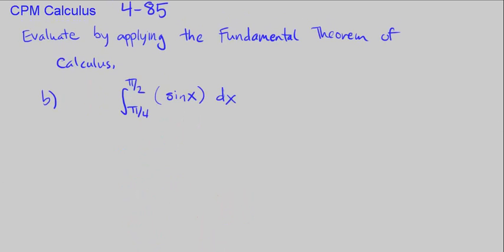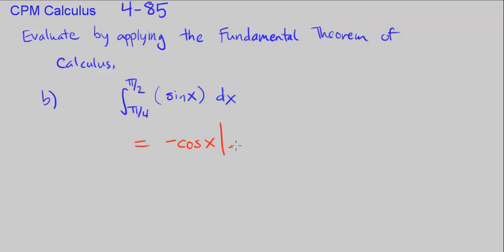Part B, we have here the integral. Again, these are all definite integrals of sine of x. Again, the Fundamental Theorem of Calculus tells us to take the antiderivative. So we know the antiderivative of sine is negative cosine of x, because if we take the derivative of negative cosine of x, we're going to get sine.